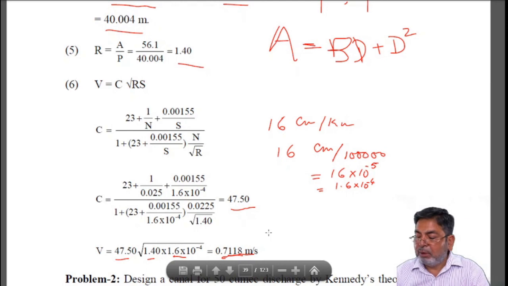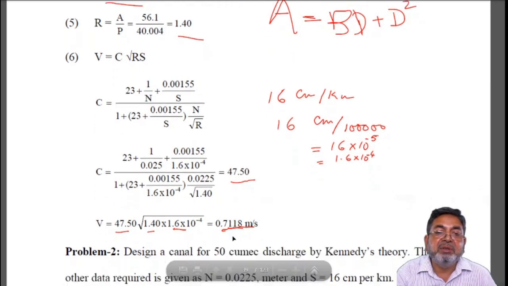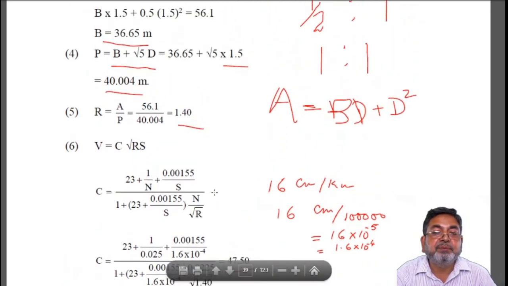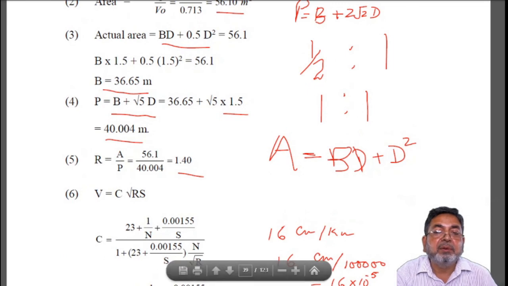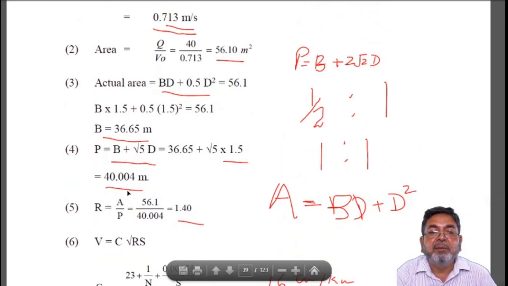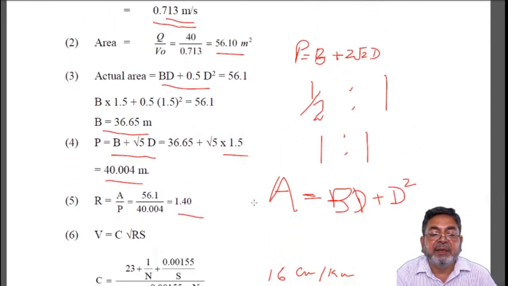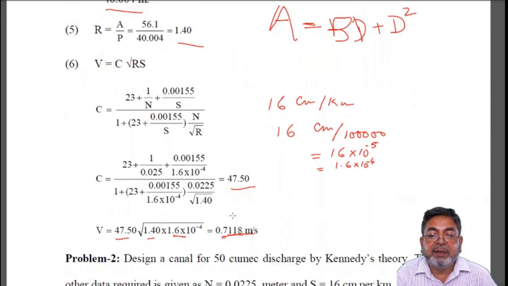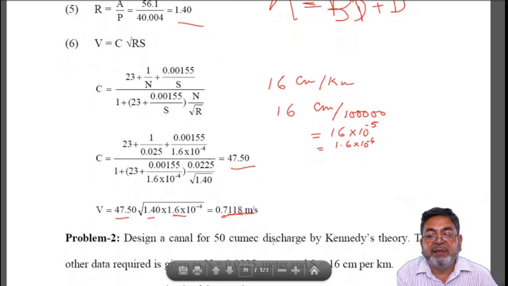And now again go back and see what was the value of V naught. V naught was 0.713, and you are getting 0.7118. So up to 2 places of decimal it is same.